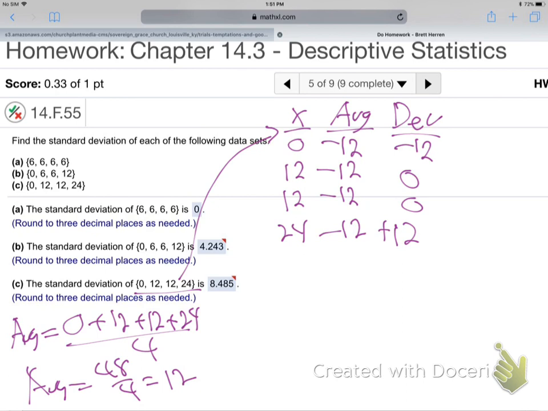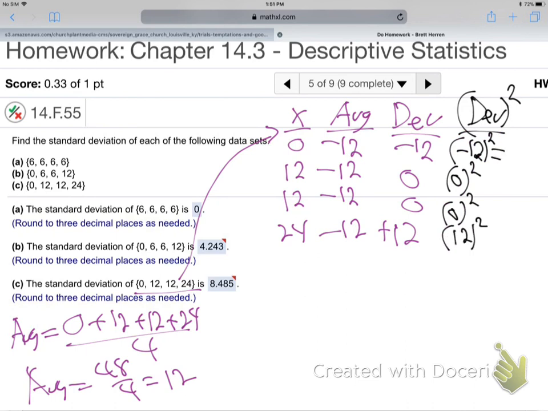And then compute the deviations squared. Square them all. Add them up. 288.